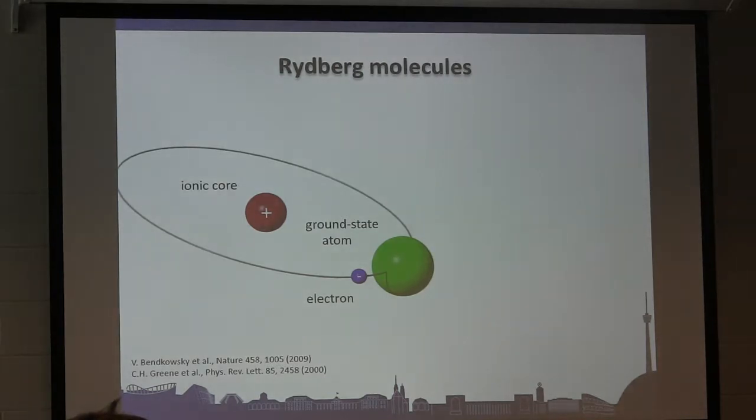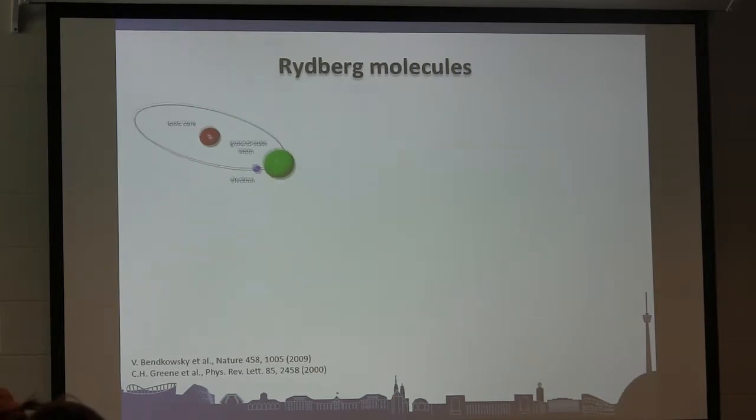So we have to go to high enough densities that the atoms are so close to each other that there are neighboring ground state atoms within the Rydberg orbit. What actually makes the bond for the Rydberg molecule is the interaction between the Rydberg electron and this ground state atom. So we have to look a bit into the details of this electron-neutral interaction.